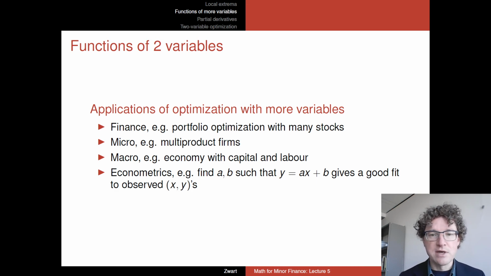So in the easiest examples, at least you have capital and labor, and you usually have even more variables that you might want to optimize over to figure out, for instance, what the equilibrium might be. And in econometrics, likewise, we often want to do, say, regressions. We want to minimize the errors, the deviations from a straight line, basically, the sum of the squared errors.